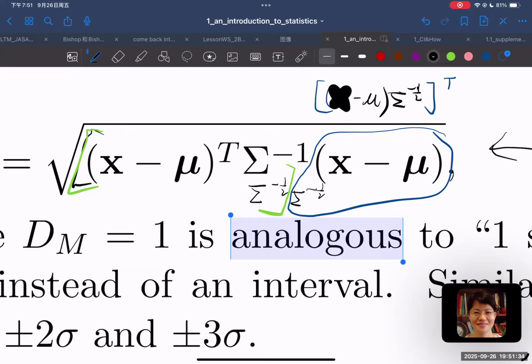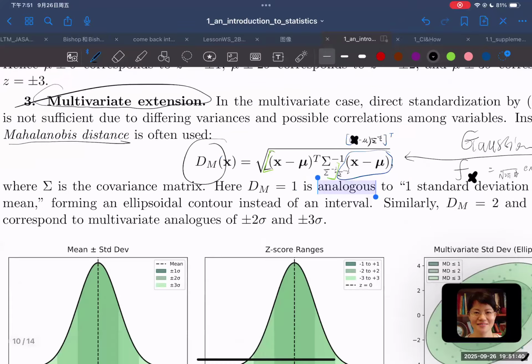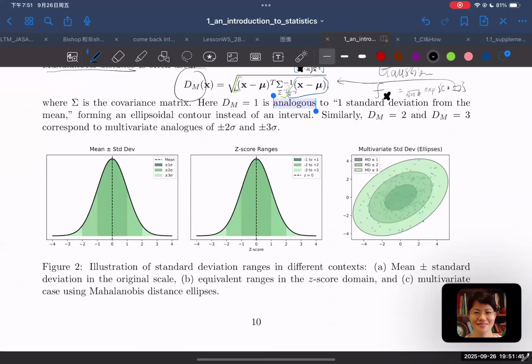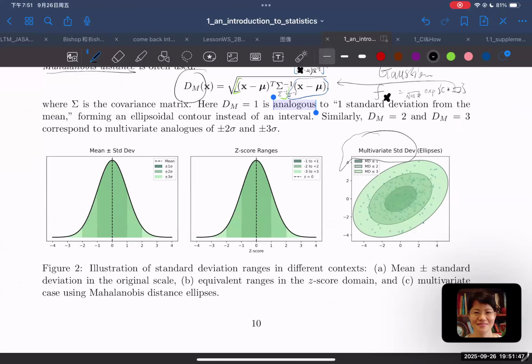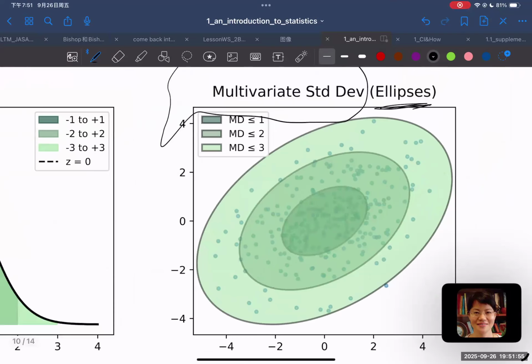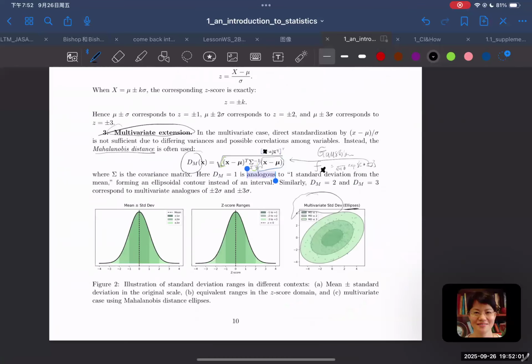So this is just like a square of something. Okay, so this is our multivariate extension. Also, the multivariate standard deviation, when it is in some ellipse, 就是一个椭圆形. In such a situation, usually it is safe to say it would be a Gaussian distribution. So this is something we want to introduce.